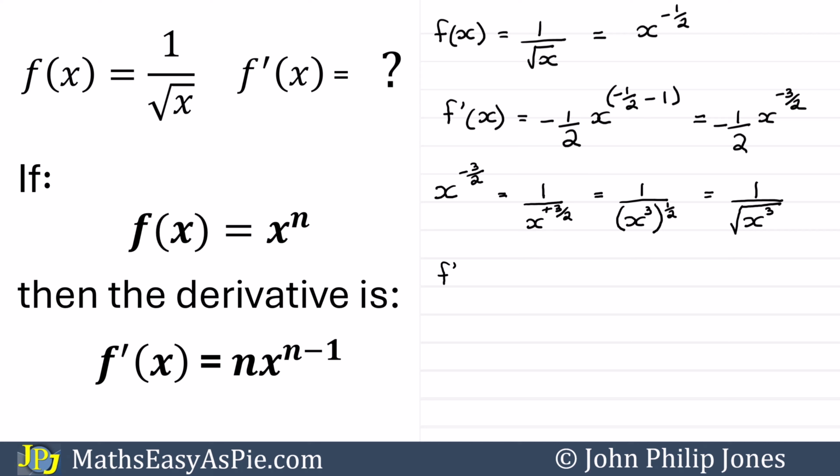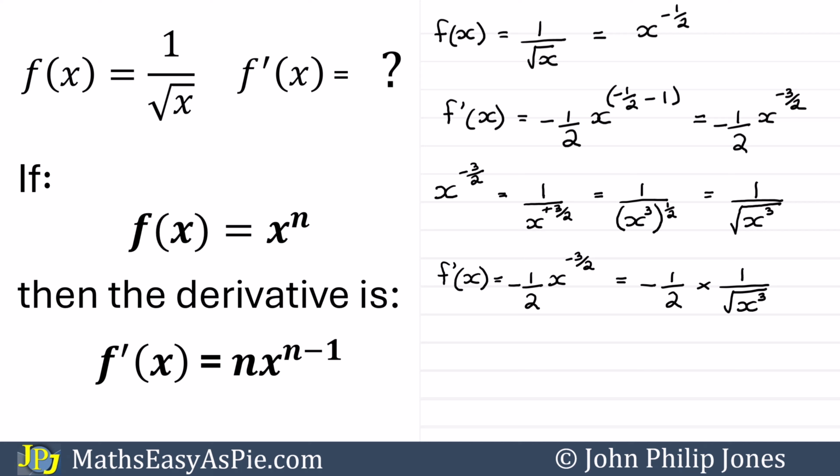We have already found that f prime of x is equal to minus 1/2 x to the minus 3 over 2. We can now write this as minus 1/2 times 1 over the square root of x to the power 3.